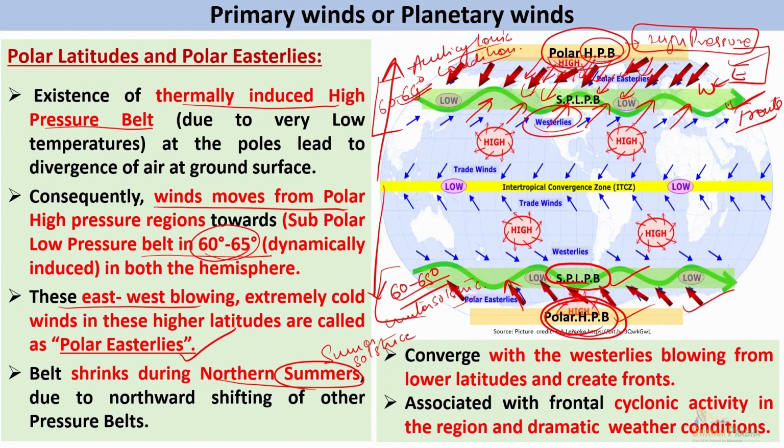So we will be covering temperate cyclones in the coming videos. But polar easterlies are the primary winds which blow from polar high pressure belt regions to subpolar low pressure belt regions in the higher latitudes in both the hemispheres.